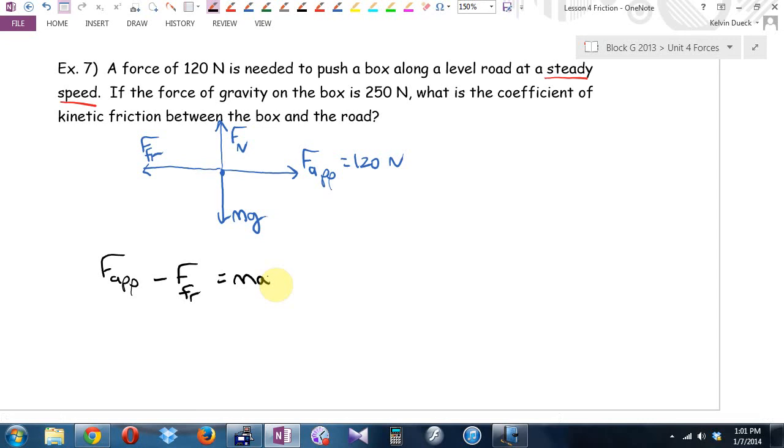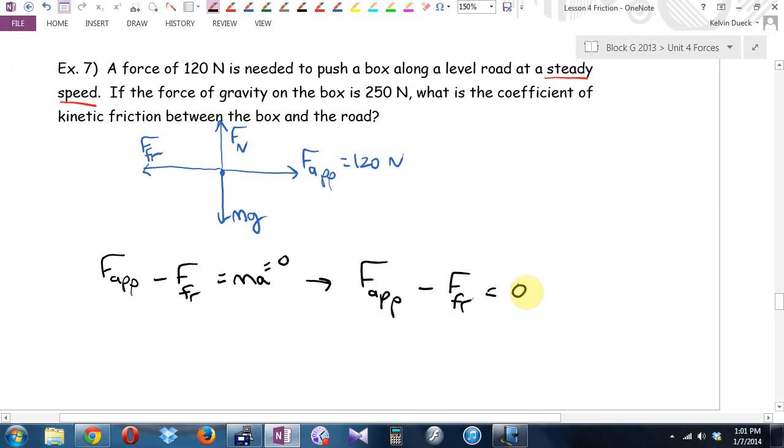Oh, except what 2 words did I underline? Steady speed. So really I have this: applied minus friction equals 0.